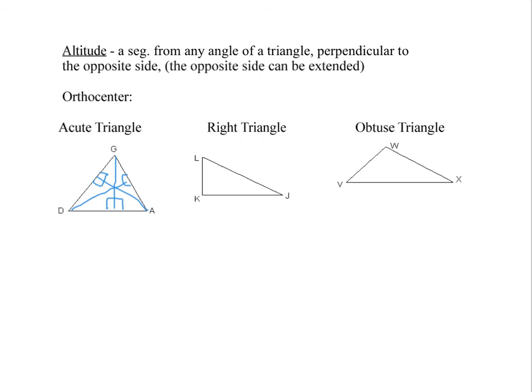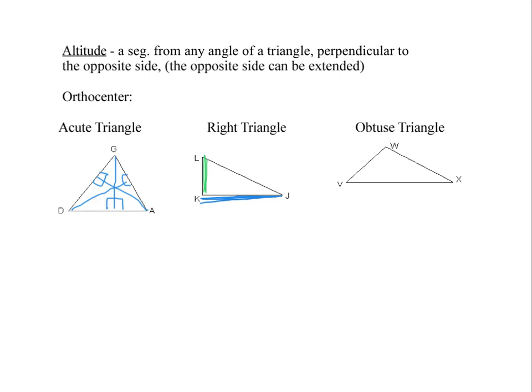Same thing is true in a right triangle, but this is a little bit trickier now because the altitude for two of the vertices is actually the side of the triangle. So from point L, there's one of my altitudes. From point J, here is my other altitude. Now let me get a different color. There we go.